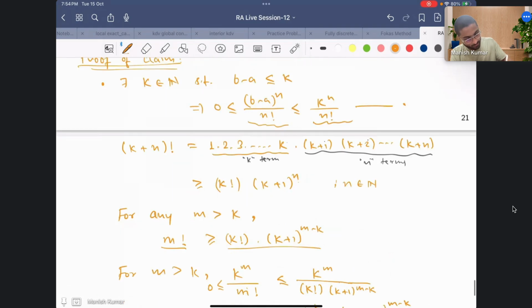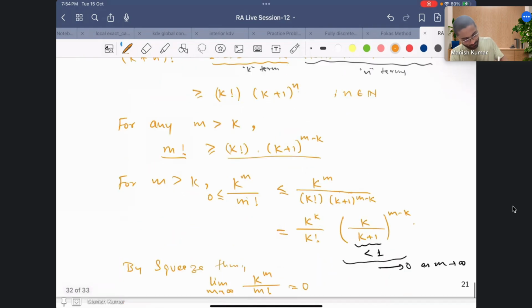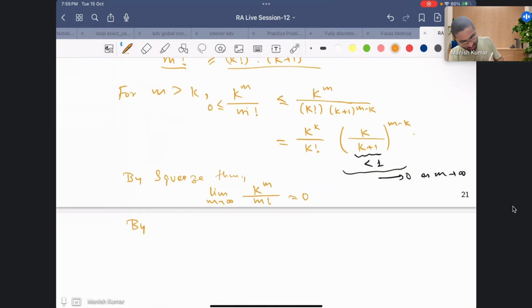So by 4, again using the squeeze theorem, we get limit n going to infinity of b minus a raised to the power n upon factorial n is equal to 0.